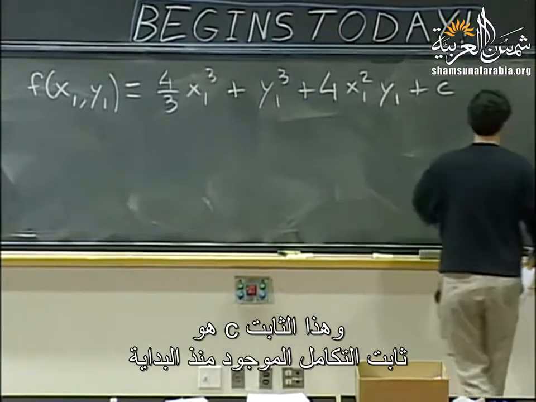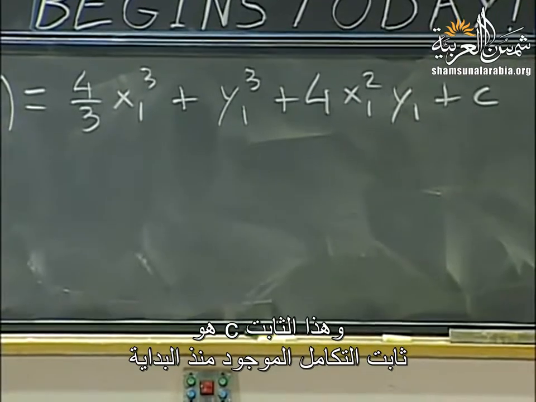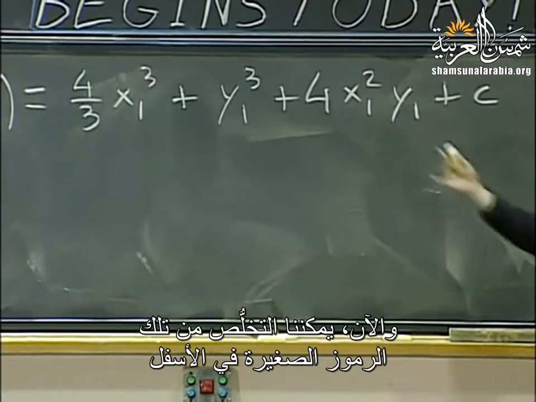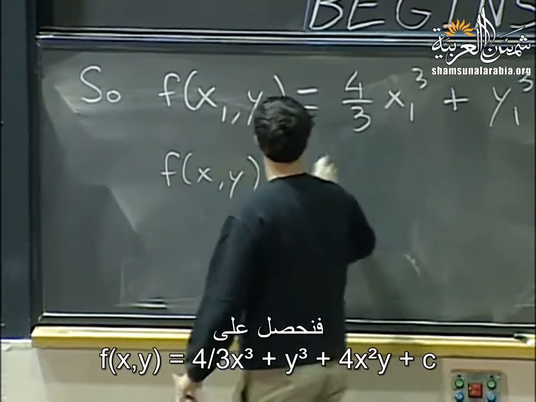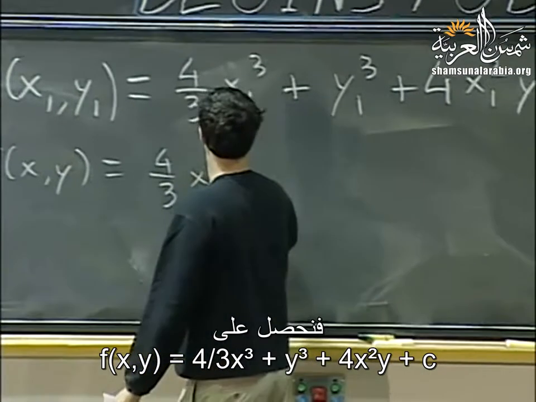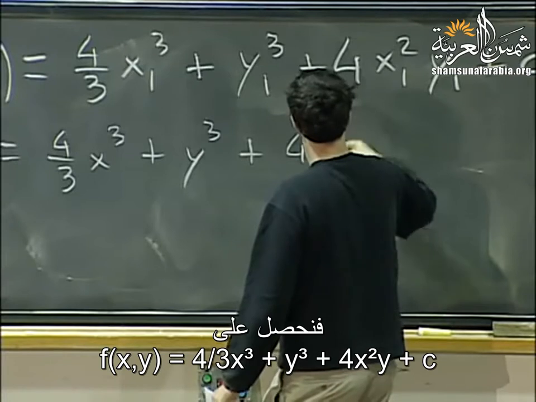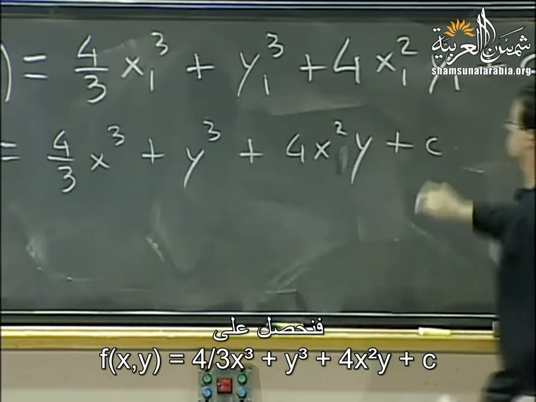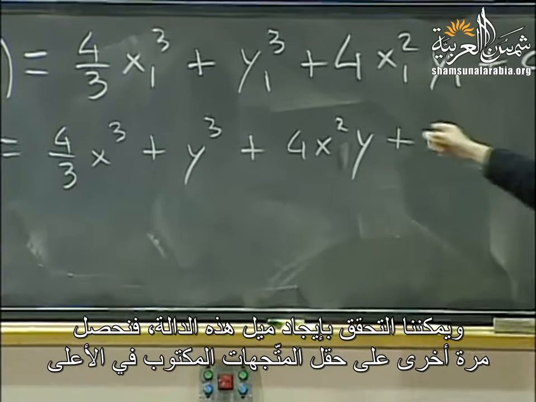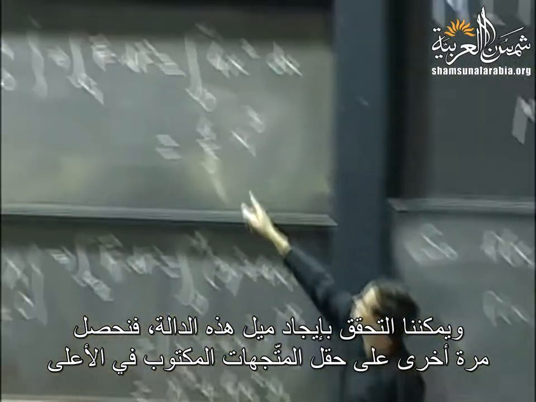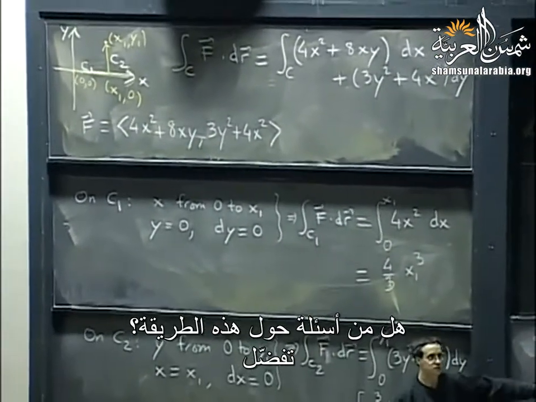That constant is just the integration constant that we had from the beginning. Now you can drop the subscripts if you prefer. You can just say f is 4/3 x cubed plus y cubed plus 4x squared y plus constant. And you can check if you take the gradient of this, then you should get again this vector field over there. Okay, any questions about this method?